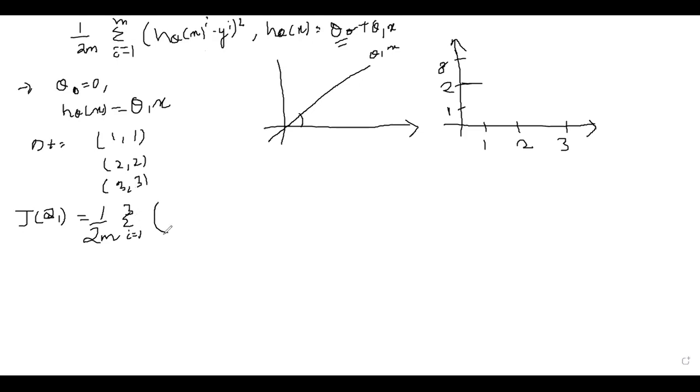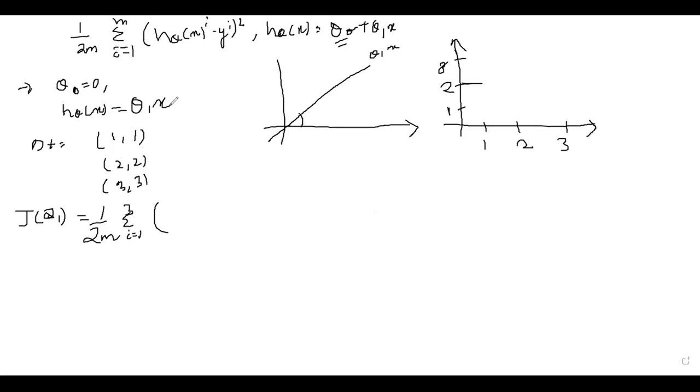Now, theta 1 into x, it has been given. Now tell me, when my line is passing through the origin, that means my x point is equal to my y point. If my line is passing through the origin, I can say that my actual point and my predicted point are the same.